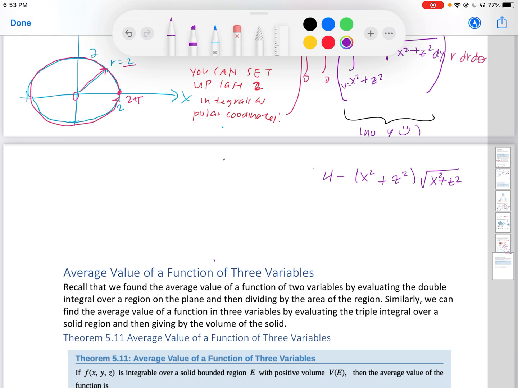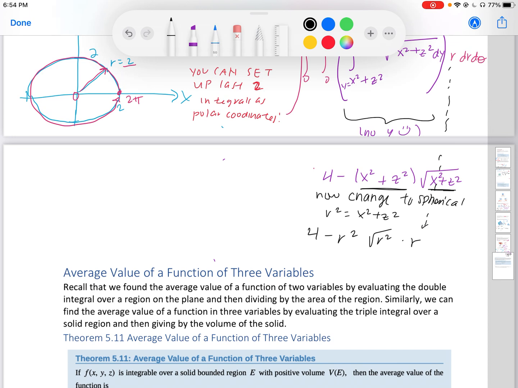All right, now we need to change to spherical. And that's really nice because remember, we're using that r squared is x squared plus z squared, right? So this is going to be r squared. So that we're left with 4 minus r squared times the square root of r squared, which is just r. And don't forget to bring in that r from our r dr d theta.